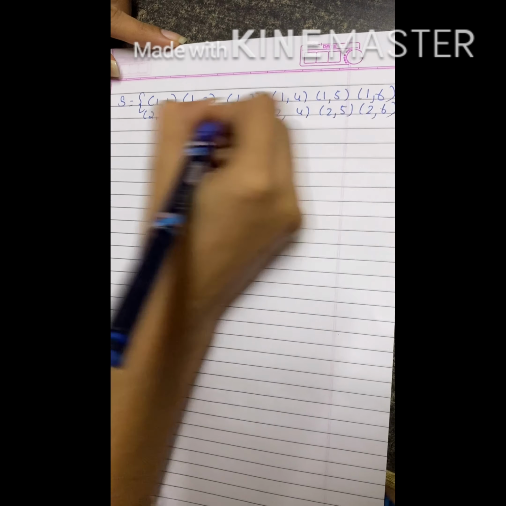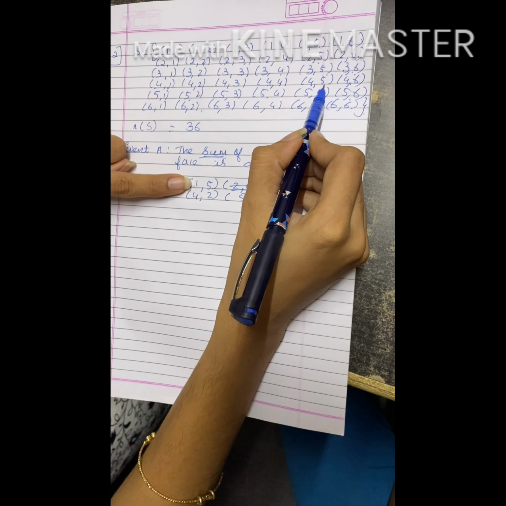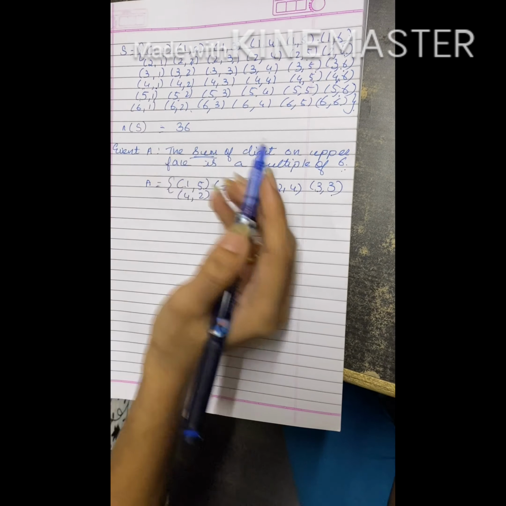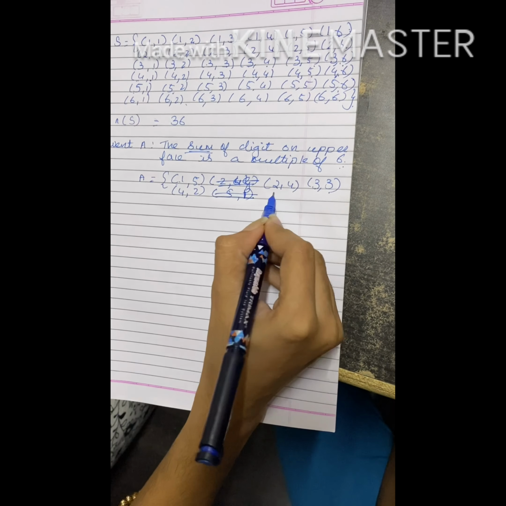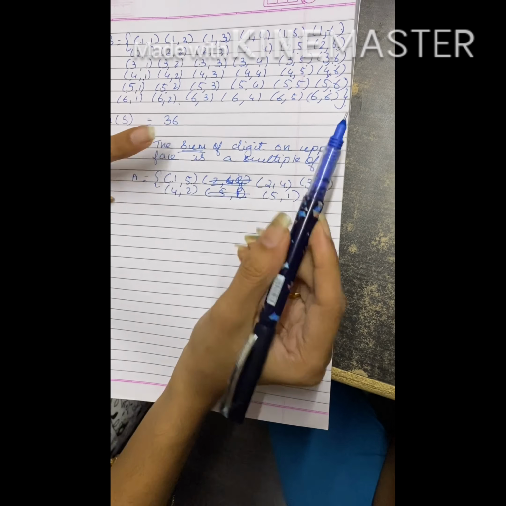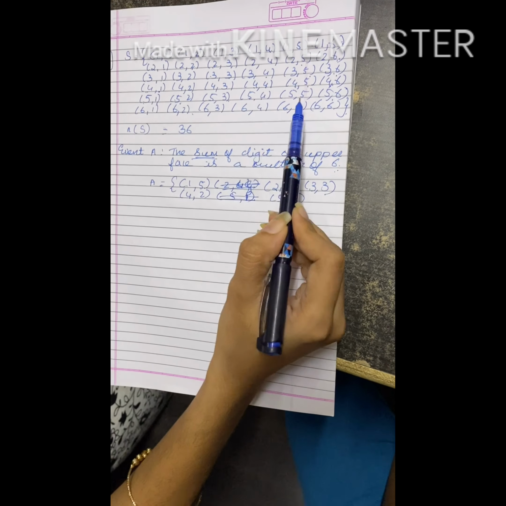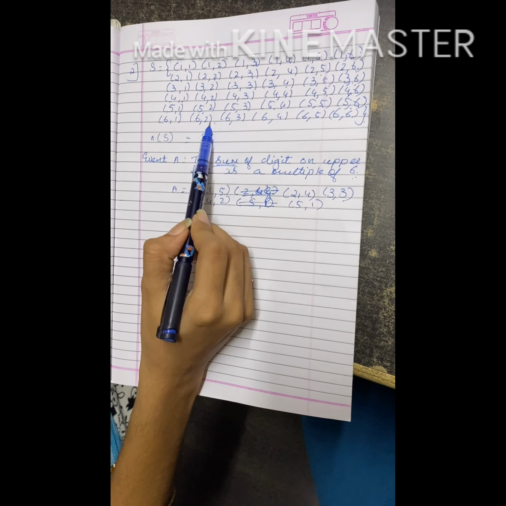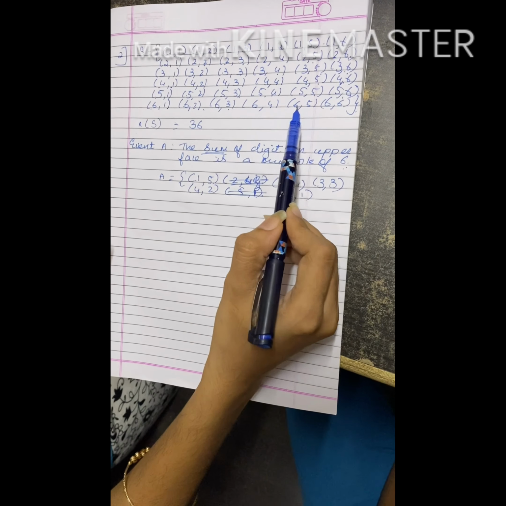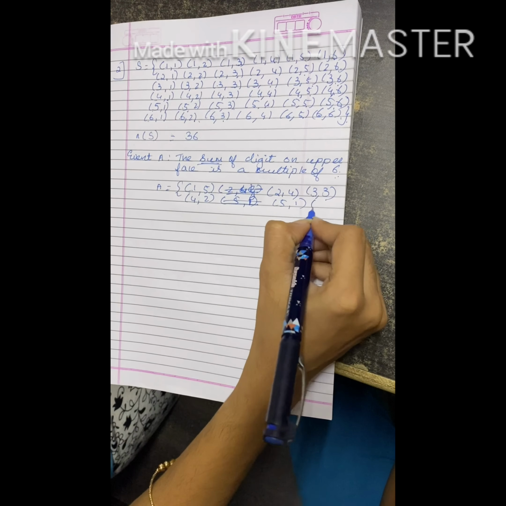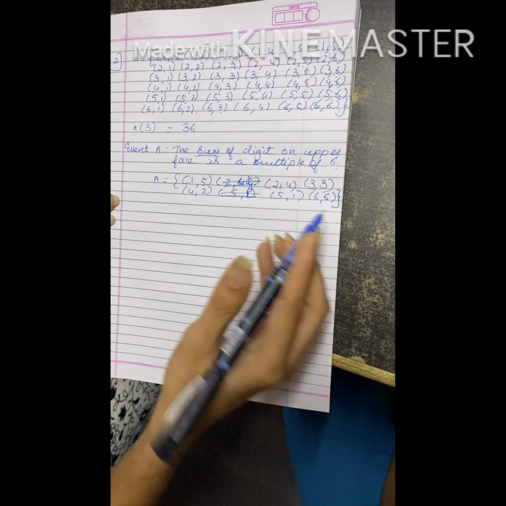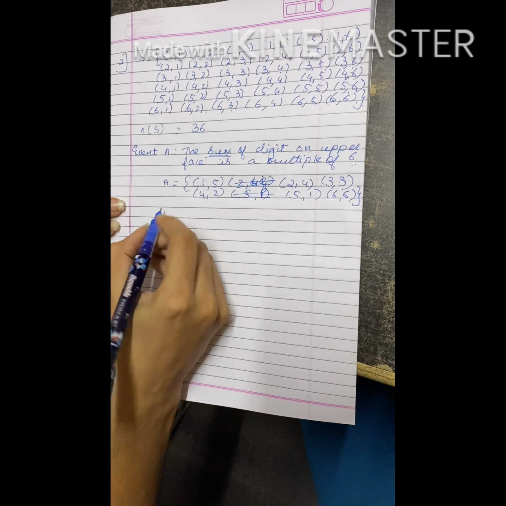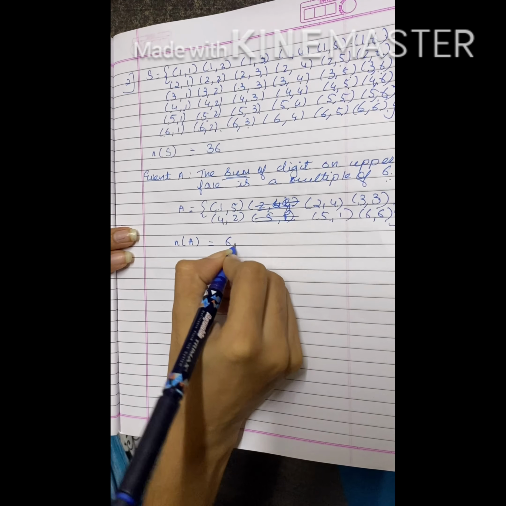Now (2,4), so (4,2) is also possible. (1,5), so (5,1) is also possible. (4,4) not possible. 4 plus 5 not possible. 4 plus 6 not possible. 5 plus 1 possible, which we have written. 5 plus 2, 5 plus 3, 5 plus 4, 5 plus 5, 5 plus 6 not possible. 6 plus 1 not possible. 6 plus 2, 6 plus 3, 6 plus 4, 6 plus 5 not possible. 6 plus 6 is 12, that is 6 2s are 12, so that number will come. 1, 2, 3, 4, 5, 6. So n of A is equal to 6.